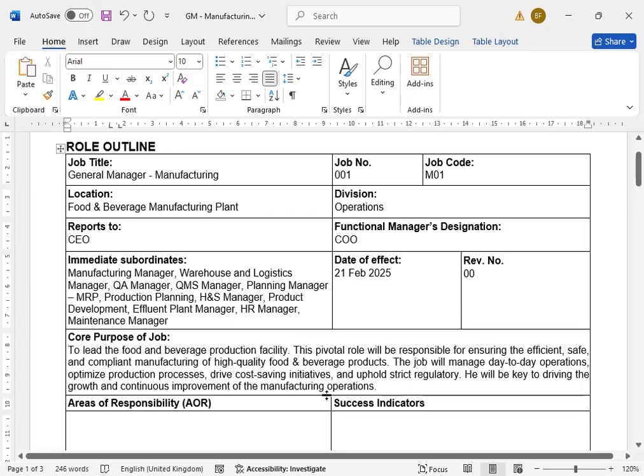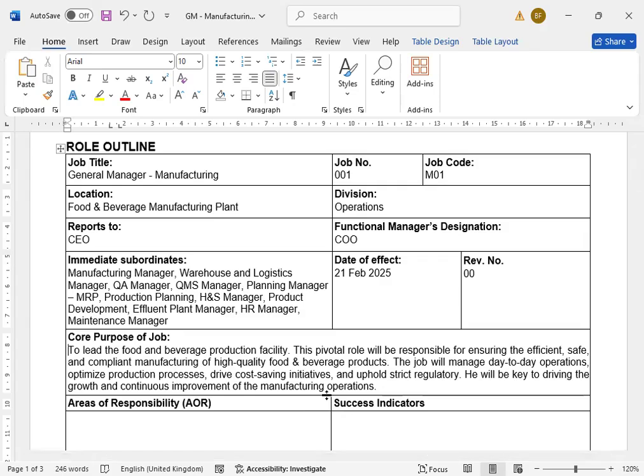To lead the food and beverage production facility. So he will be in charge of all the facility, production, maintenance area, warehouse, inbound, outbound, planning area, everything. So he will be in charge of all these areas of operations.